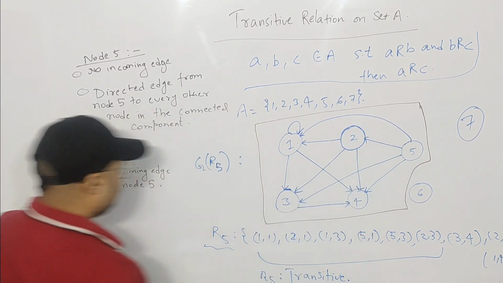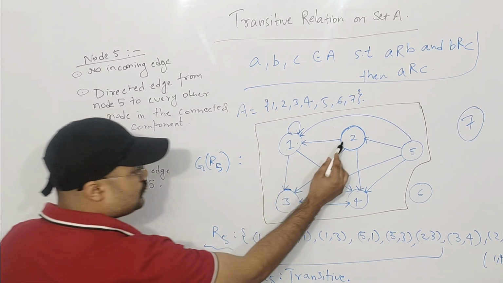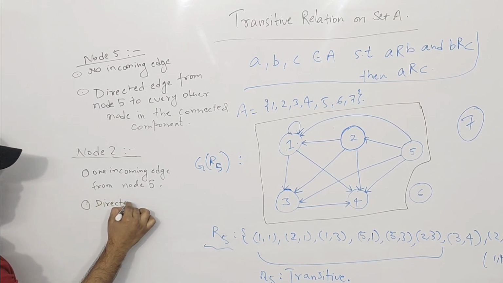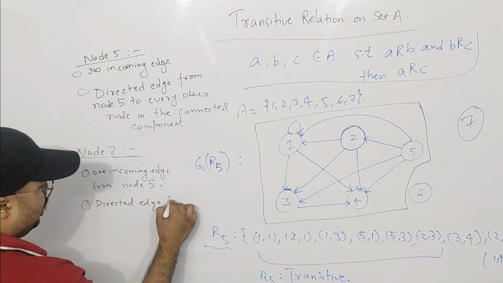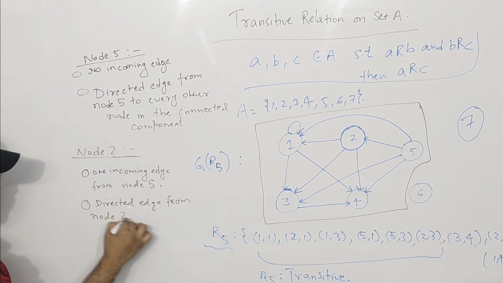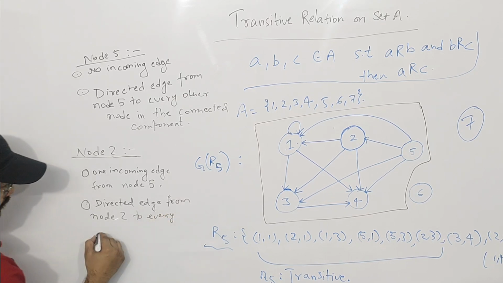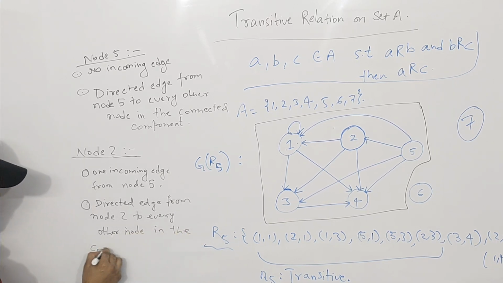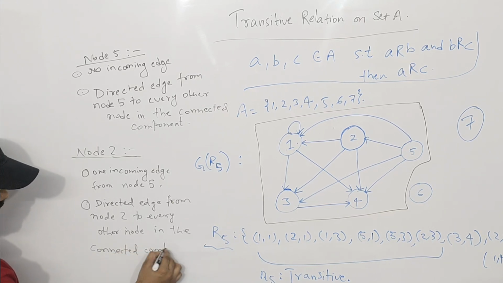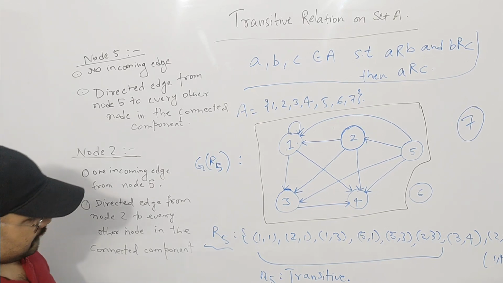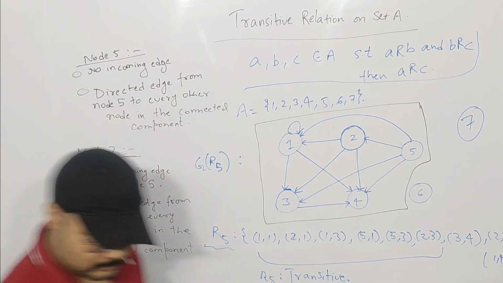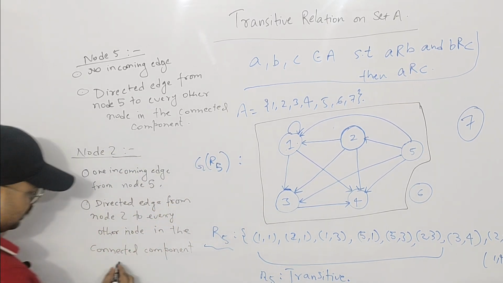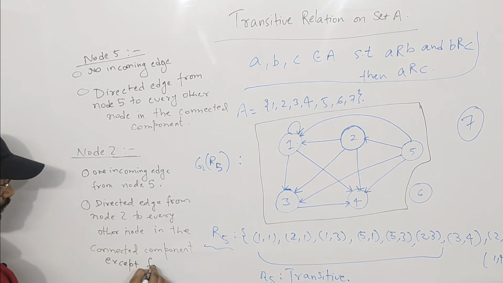Now there is a directed edge from node 2 to every other node in the connected component except for node 5.